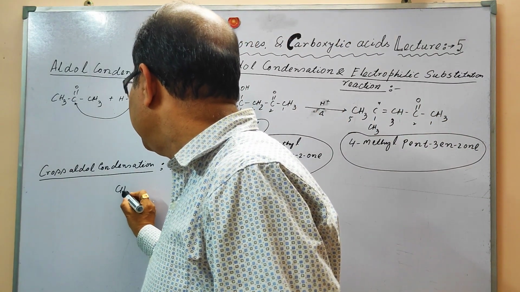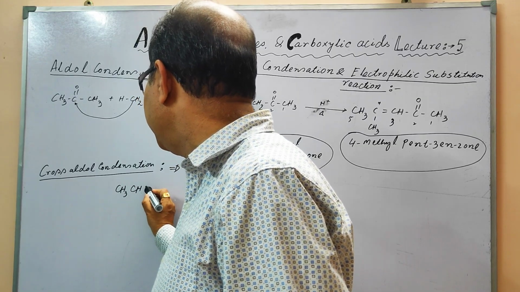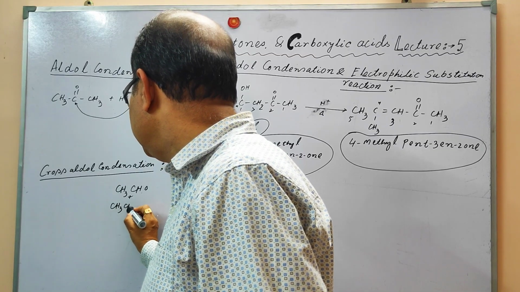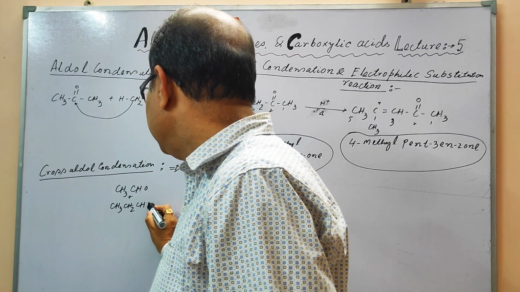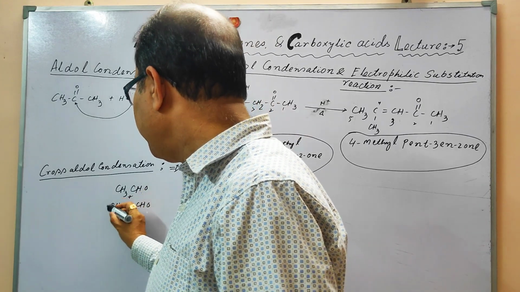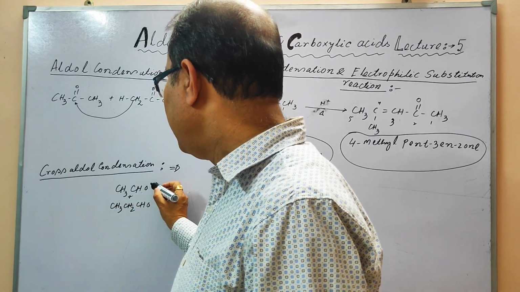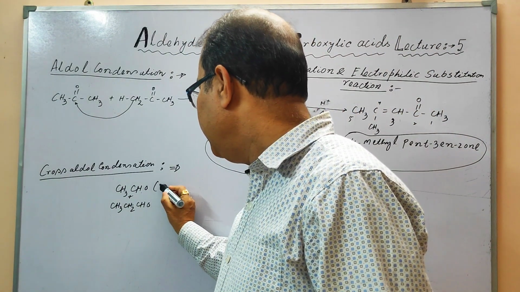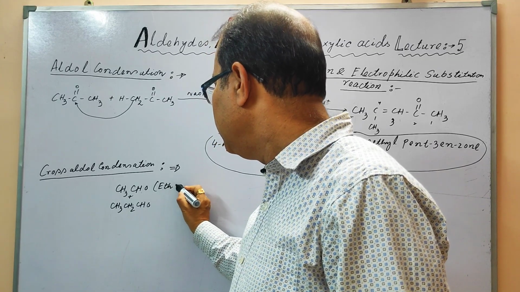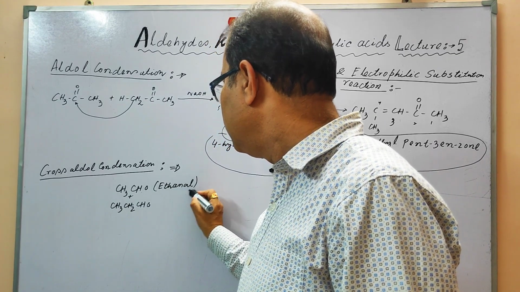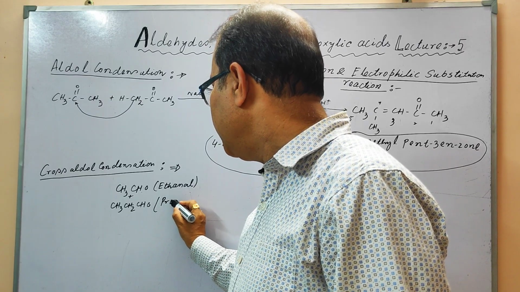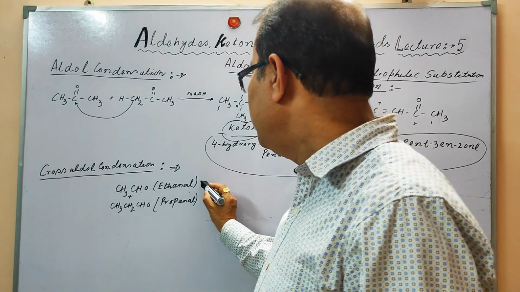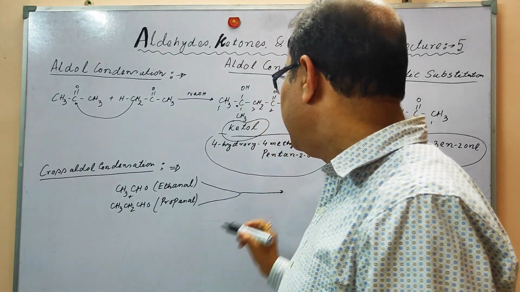Suppose this aldol condensation is going on between the aldehyde CH3CHO plus CH3CH2CHO, that is acetaldehyde and propanaldehyde, or you can say ethanal and propanal. This is ethanal and this is propanal.